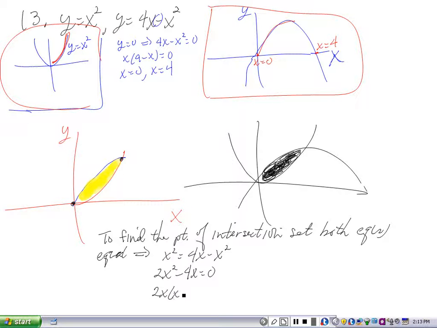Factor: 2x times x minus 2 equal to 0. So I get x equal to 0 and x equal to 2. So this point here is x equal to 2, and this guy right here is x equal to 0. So the radius, this radius guy is doing this, and this is part A. We first consider that. Let's put it on another page.